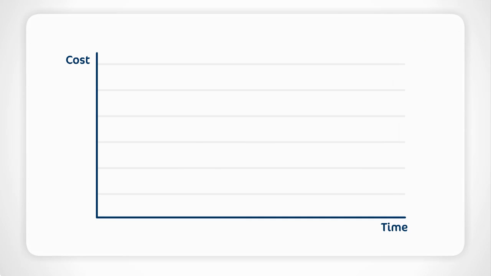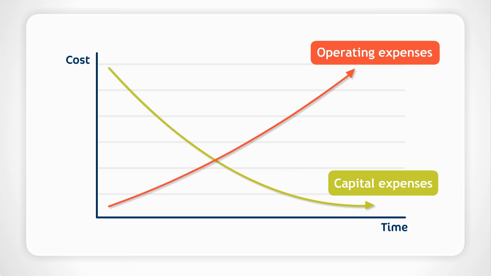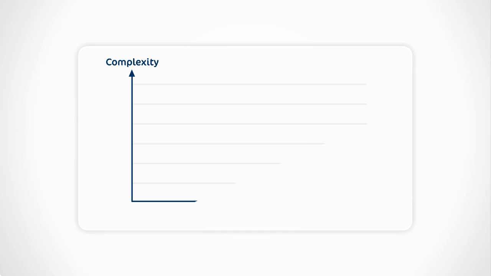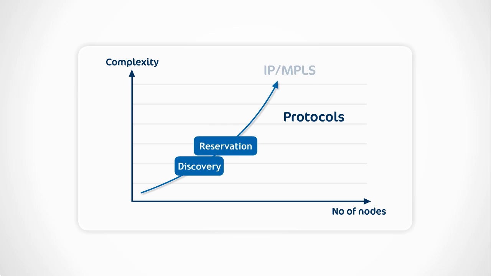Removing network layers by introducing IP MPLS has reduced capital expenses, but expanding the IP MPLS network across the railway infrastructure has increased operating expenses. The increased complexity comes from the different dynamic protocols which run in an IP MPLS environment.